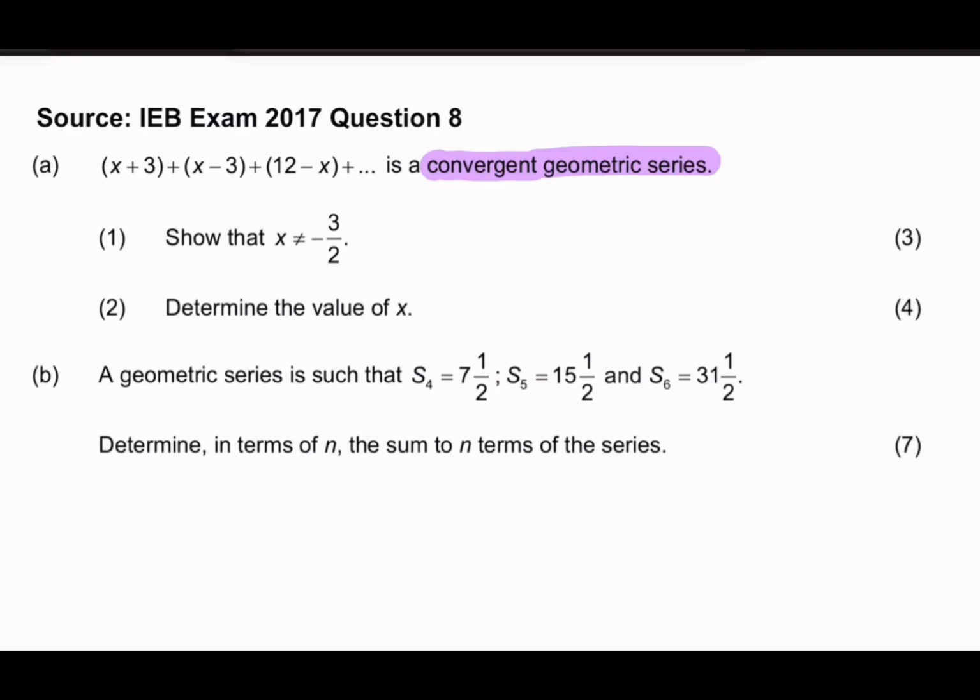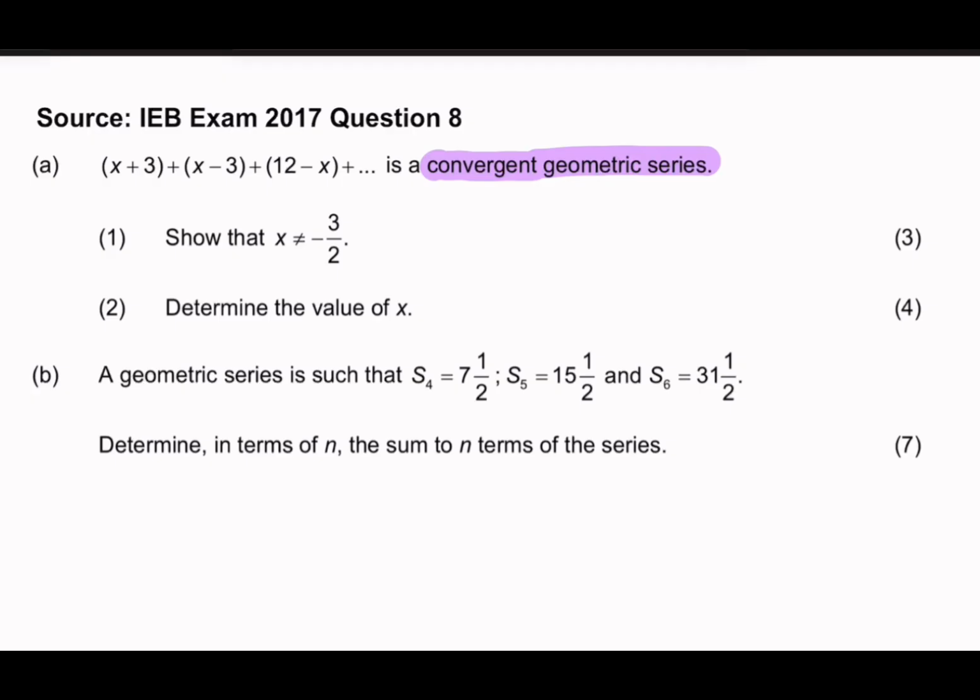So the best way to approach something like that is to assume that it is equal to that and see what sort of trouble you run into. So assume that x is negative 3 over 2, and then see what sort of trouble you run into.